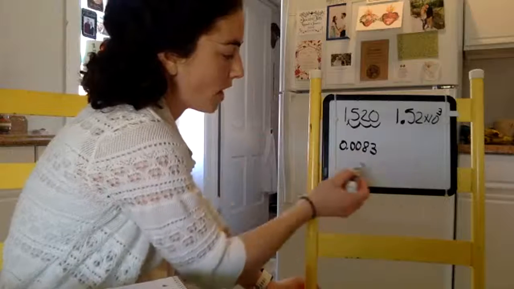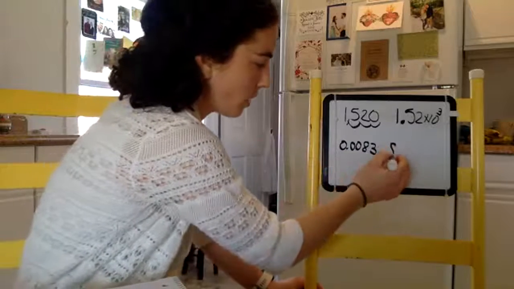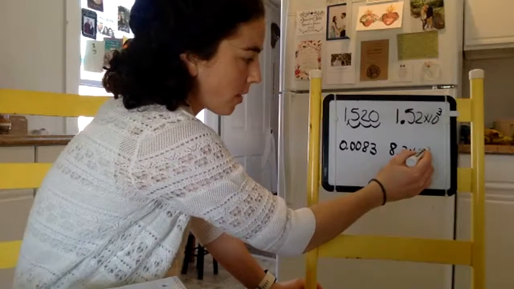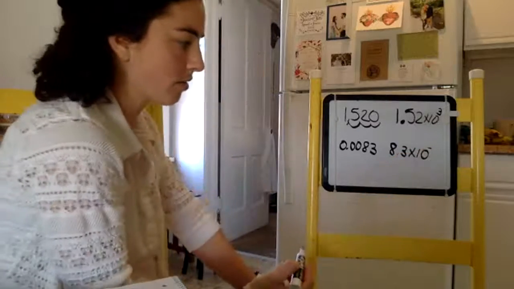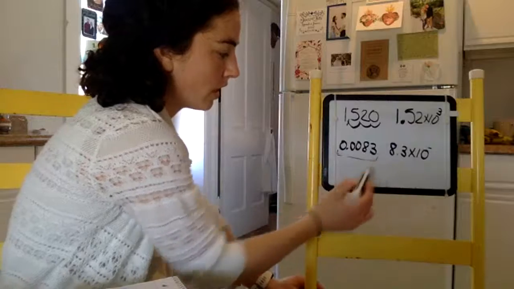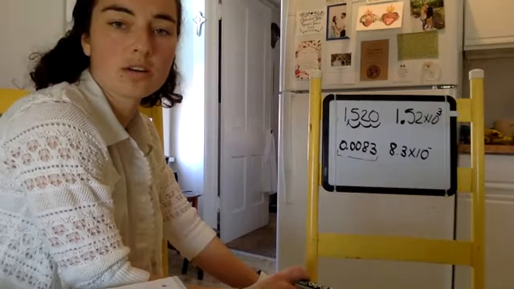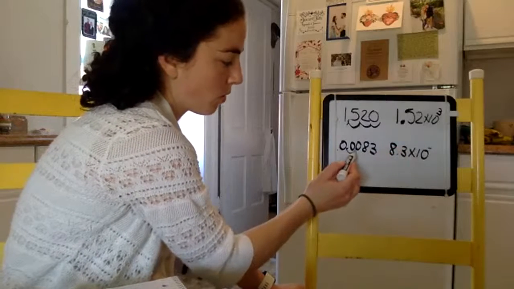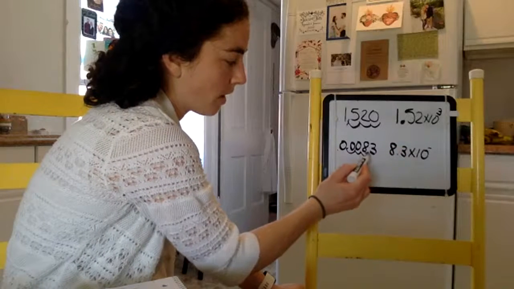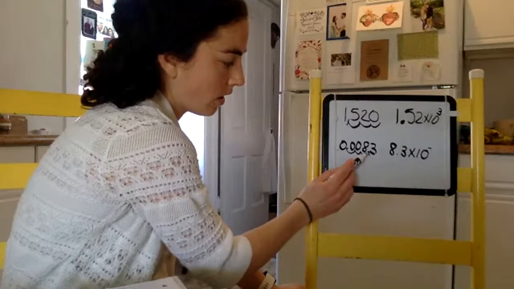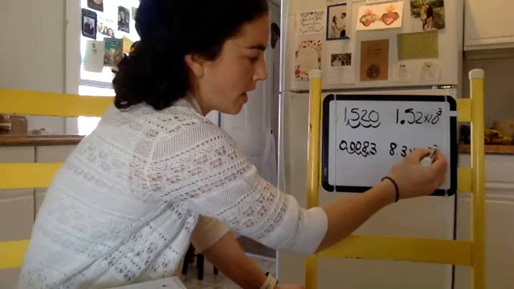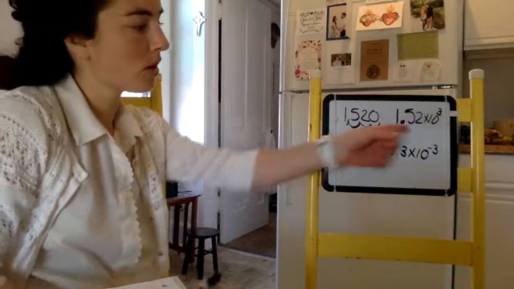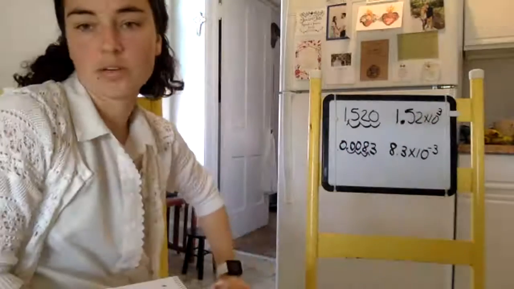Our answer is going to be 8.3 times 10 to the something, and we know that the something is negative, because the number was originally smaller than 1. We move it 1, 2, 3, so we want negative 3 as our answer there, whereas the top one was positive 3 because our number was bigger than 1.